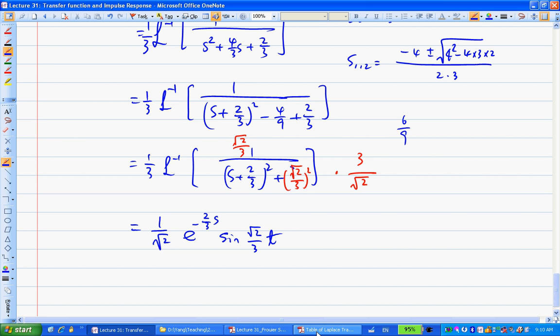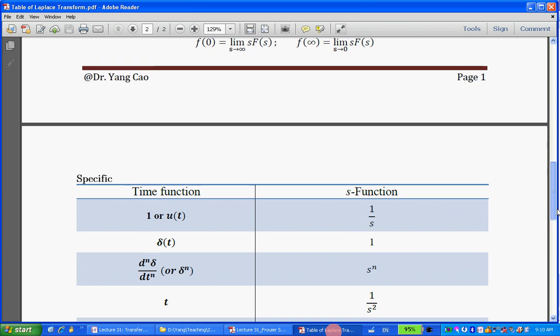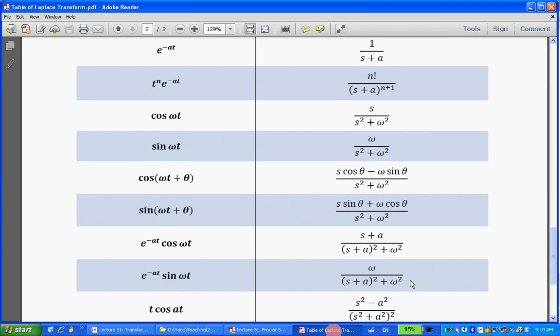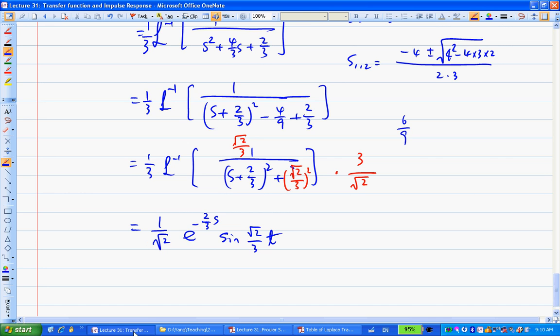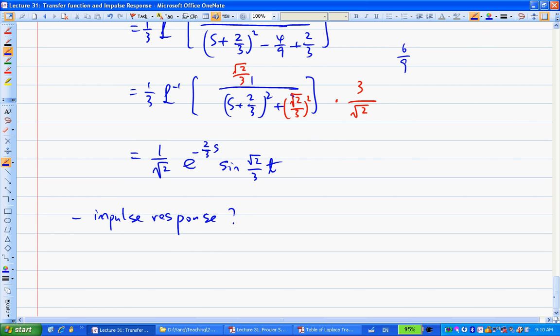So what I need you to be careful about is, one part of the question is basically, what's the impulse response? That's a type of question you should ask.